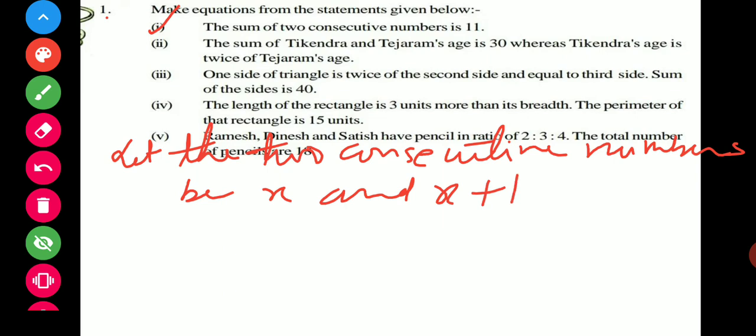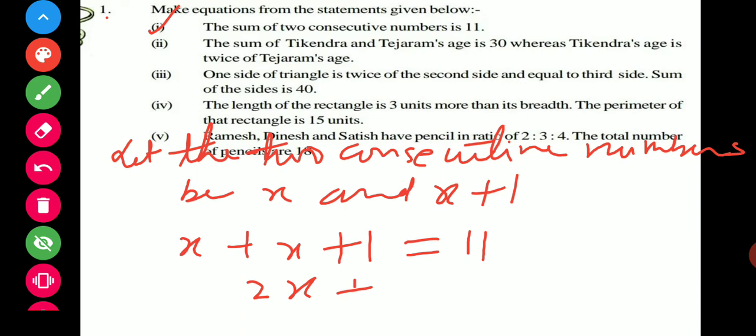There is only one difference. So what is the sum of two consecutive numbers? So that means x plus x plus 1 equal to 11. So we can correct it. It is 2x plus 1 is equal to 11. So that is your answer.